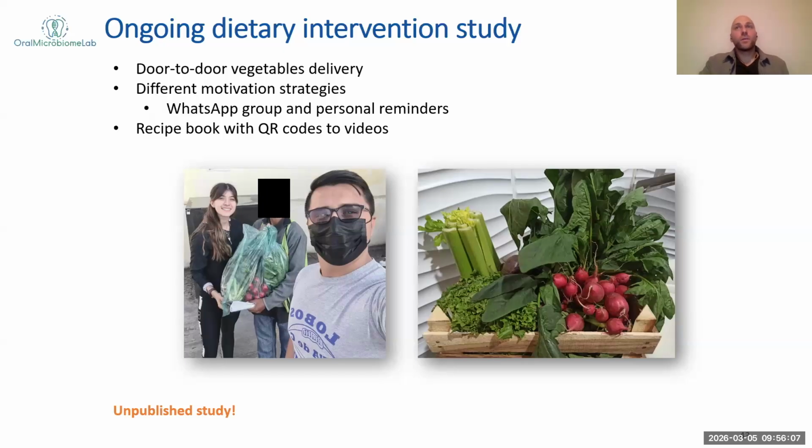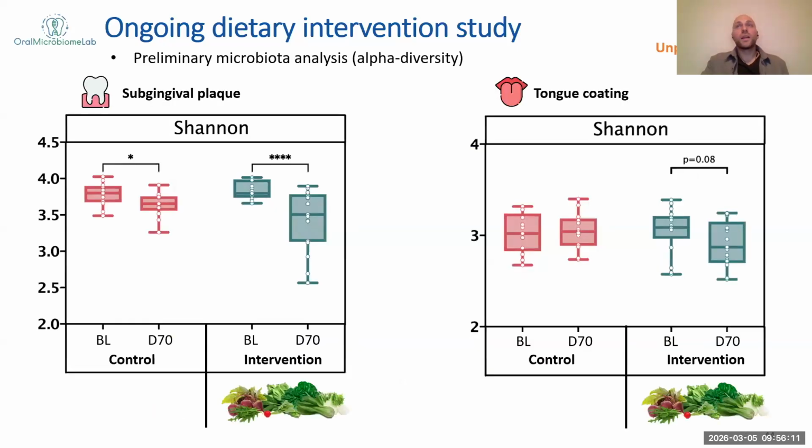And we will finalize this study in the near future, but for now I can show you this microbiota analysis where the periodontal treatment is decreasing bacterial diversity in the periodontal pocket, which is known from periodontal treatment and associated with more healthy composition.